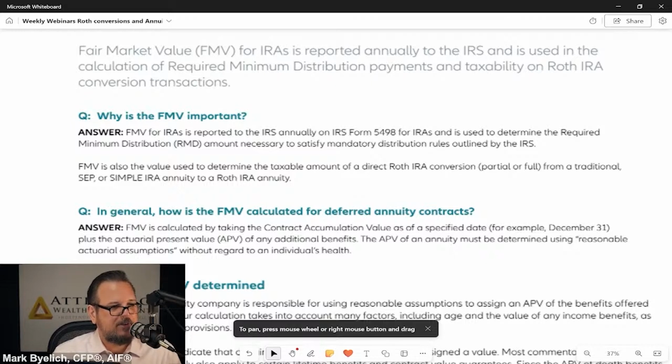The answer is fair market value for IRAs is reported to the IRS annually in IRS Form 5498 and is used to determine the required minimum distribution amount necessary to satisfy mandatory distribution rules outlined by the IRS. So that refers to RMDs, and fair market value is important in that regard. Fair market value is also used to determine the taxable amount of the direct Roth IRA conversion, partial or full, from a traditional, SEP or SIMPLE IRA annuity to a Roth IRA annuity.